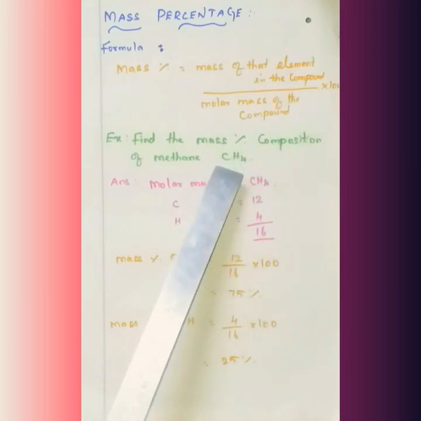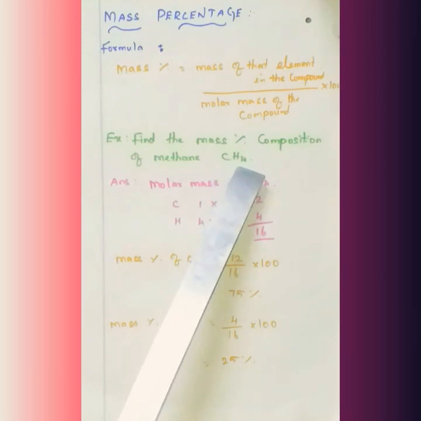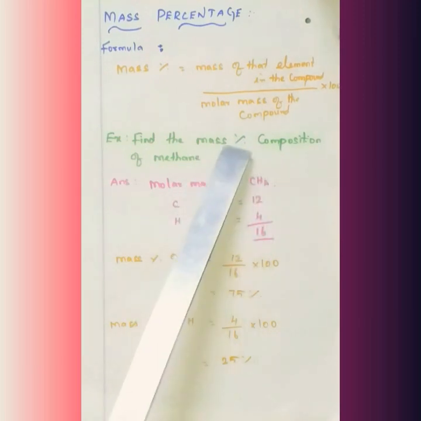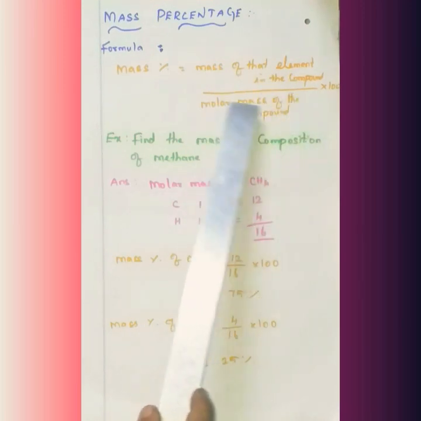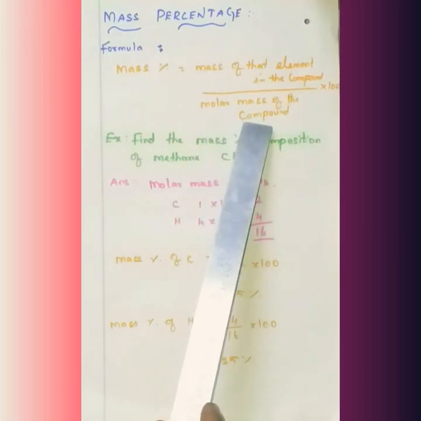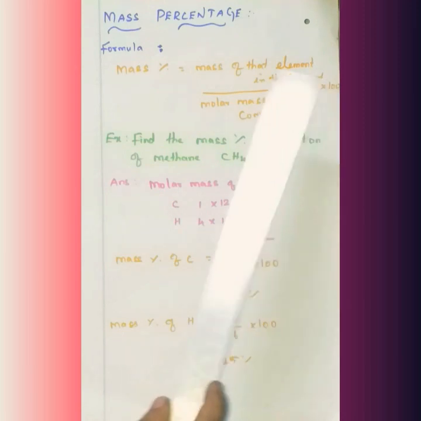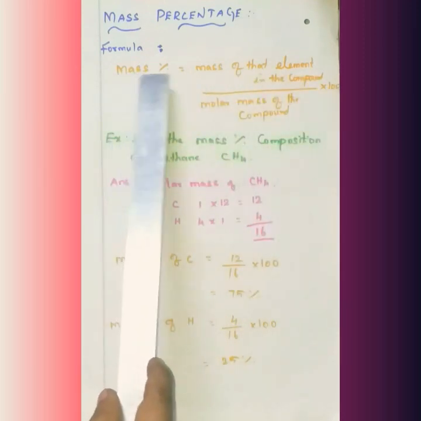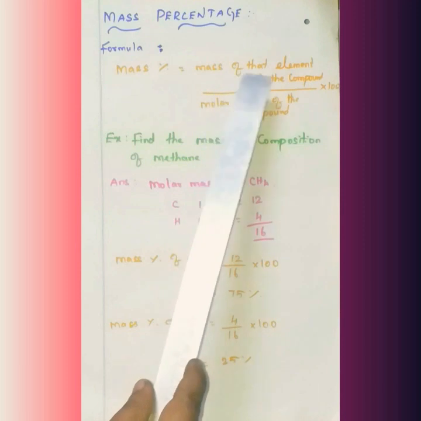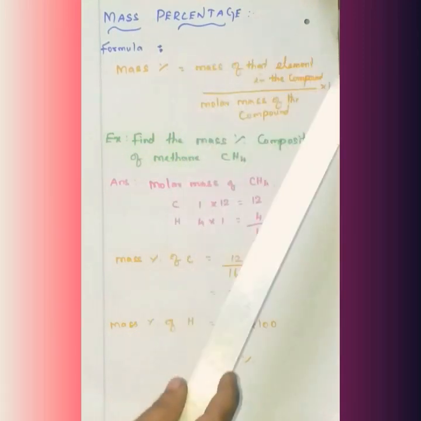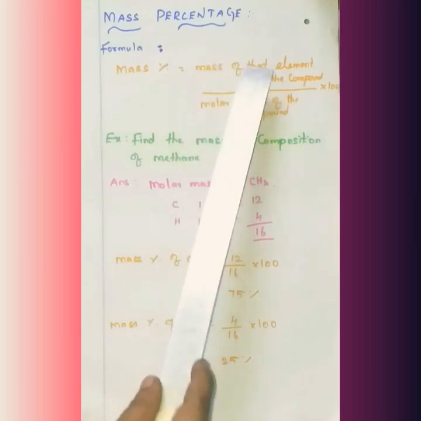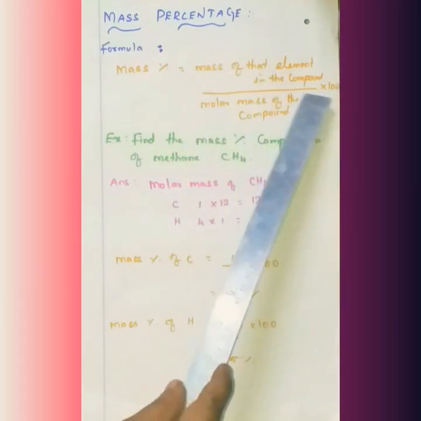What are the elements present? Carbon and hydrogen. So mass of that element in the compound divided by molar mass of the compound into 100. Once again I repeat, mass percentage equals mass of the element in the compound divided by molar mass of the compound into 100.